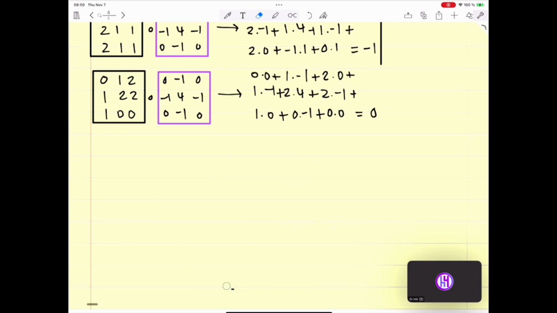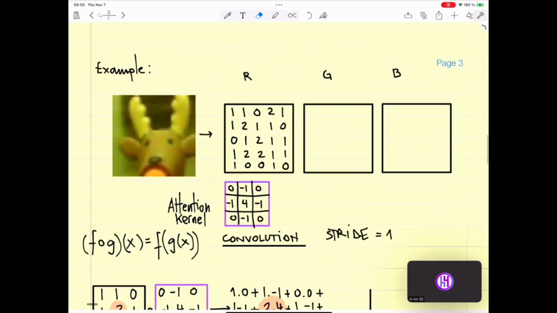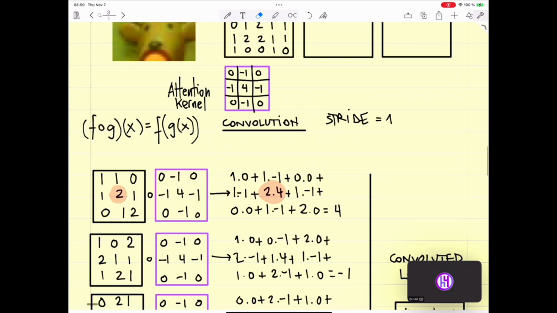So as you can imagine, if you use an edge kernel, or if you use an attention kernel like the one we have here, the information in the edges are going to get lost. And this is sometimes not very good, because you might want to catch some information that are in the edges, that you want to put your attention on that, right?